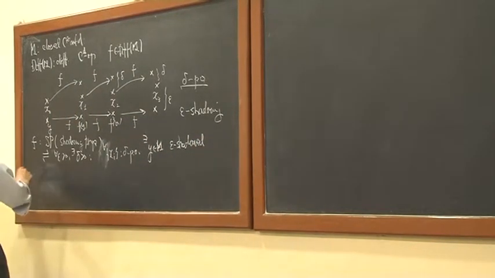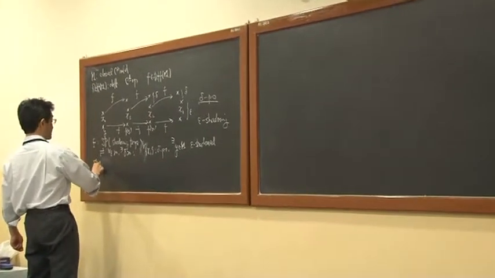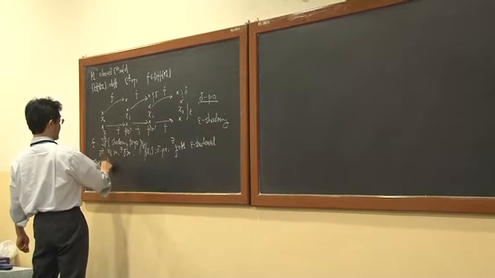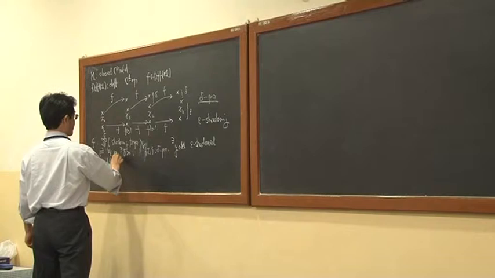So let me denote by S(M) the set of all diffeomorphisms with the shadowing property.